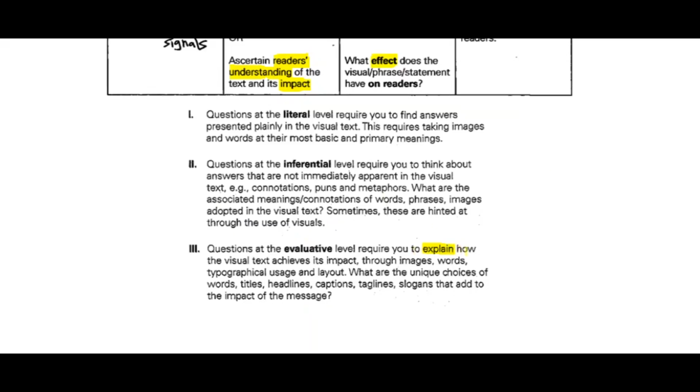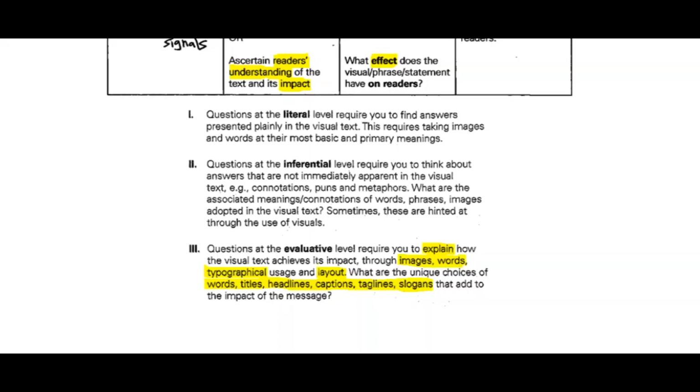For example, you need to explain how it achieves its impact. One way to explain it would be to look at the images, the words, the usage of typography and its layout, and you can look at the words, titles, headlines, captions, taglines, and slogans.